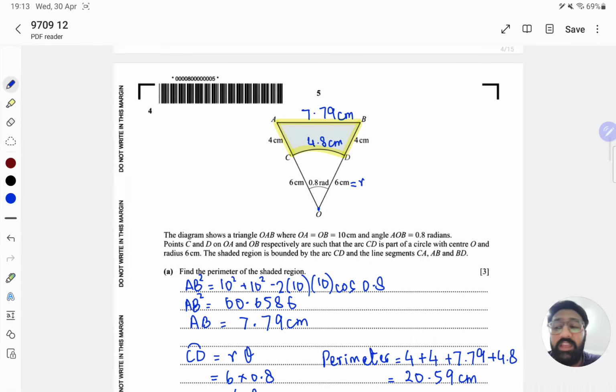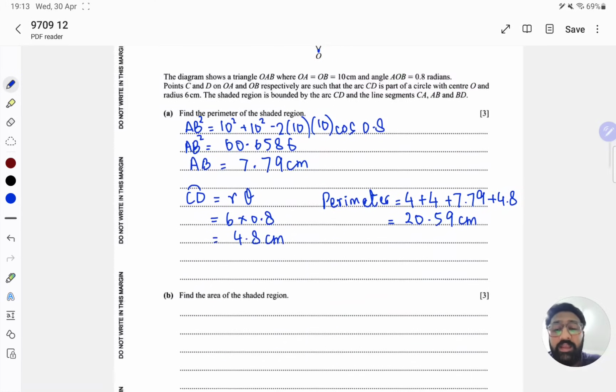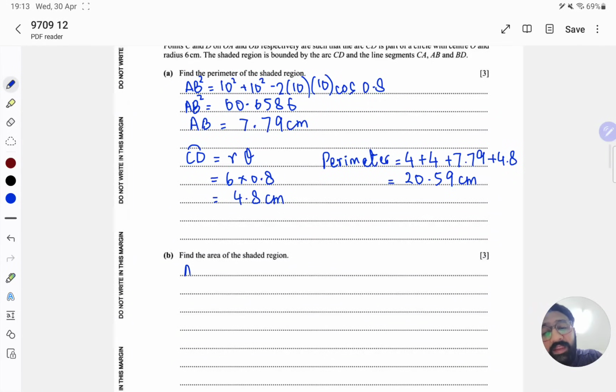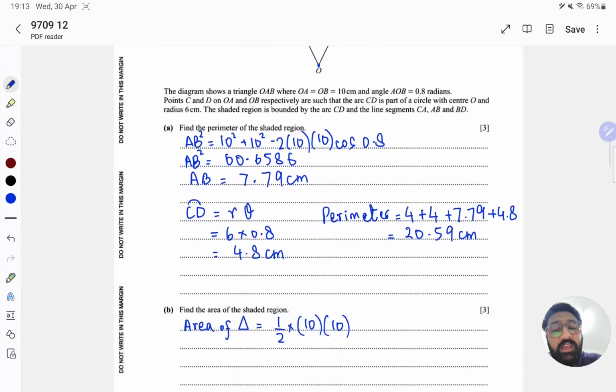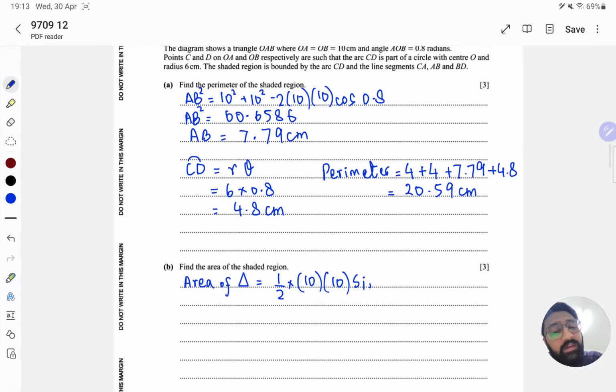To find the area of the shaded region, we first need to find the area of the complete triangle, from which we can subtract the area of the sector which is unshaded. So let's find the area of the triangle first. Area of triangle is 1 by 2 into the two legs of the triangle, which are 10 and 10 centimeters each, and the angle in between the two sides is 0.8 radians.